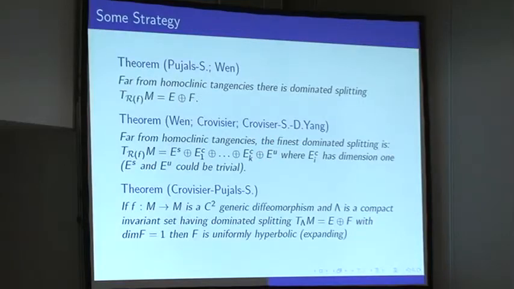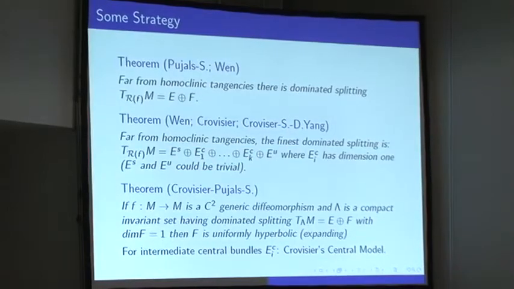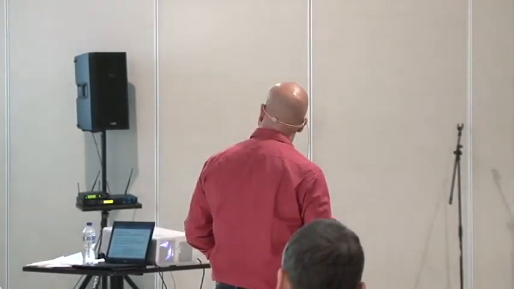But what about the middle ones? They are very difficult to understand, but Sylvain Crovisier developed a tool, today called Crovisier central models, to understand the dynamics from this decomposition. So we split the dynamics into this kind of one-dimensional dynamics. This should be very understandable and simple, but it turns out that it's not very easy.